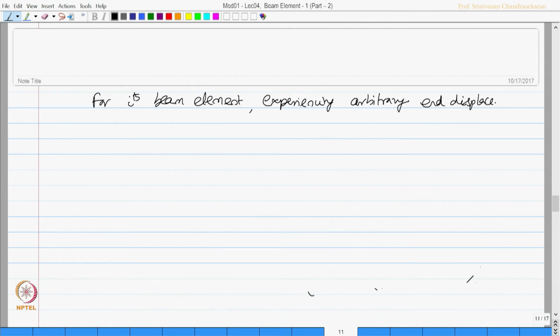Let us write down the compatibility equation for ith beam element experiencing arbitrary end displacements, namely theta p, theta q, delta r and delta s, as shown in the figures.